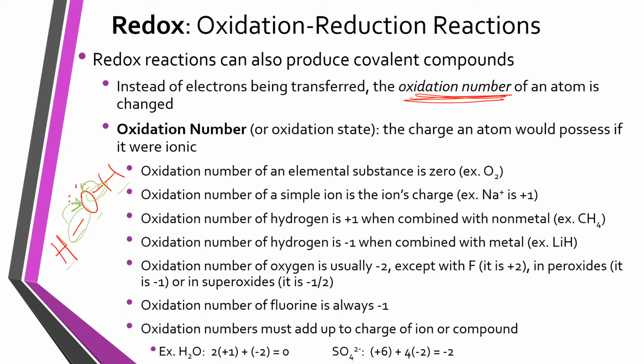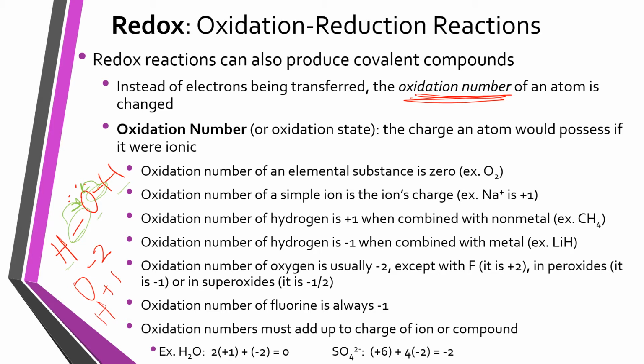Same over here. So if oxygen gained those 2 electrons, then oxygen is going to have a -2 oxidation number. Hydrogen lost its electron in the tug of war with oxygen, so now it has a +1.